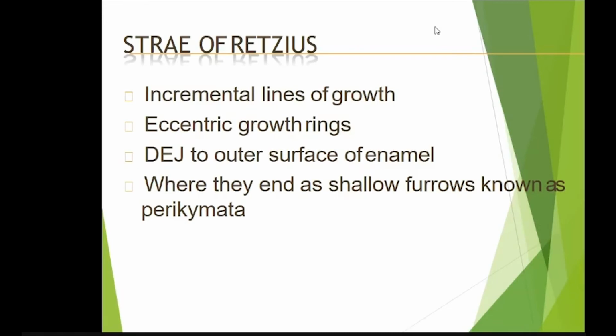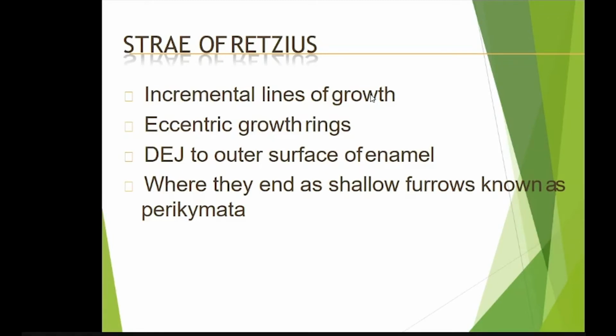Incremental lines of growth. What do incremental lines of growth mean? The cumulative formative lines of growth of the enamel. An ameloblast cell does not produce enamel at one time.